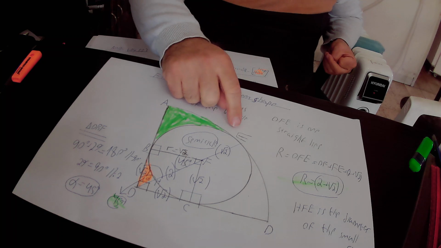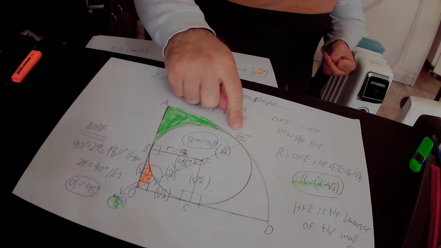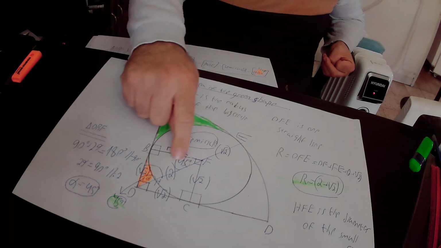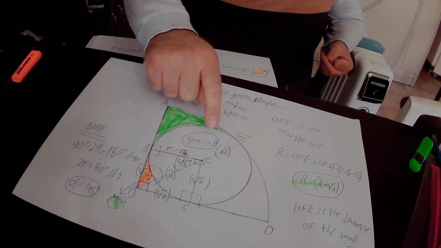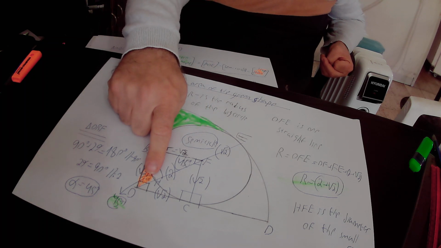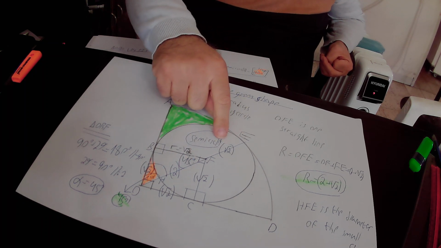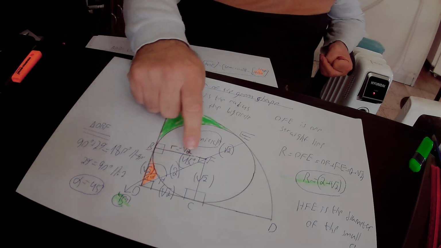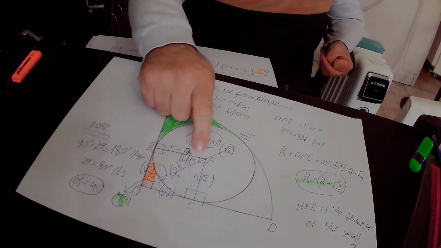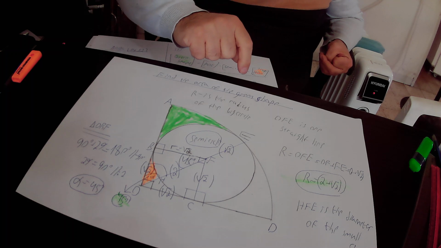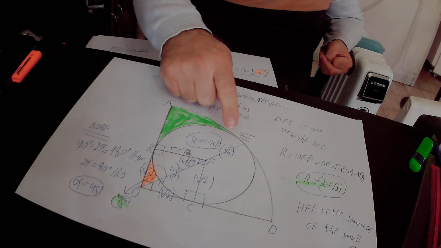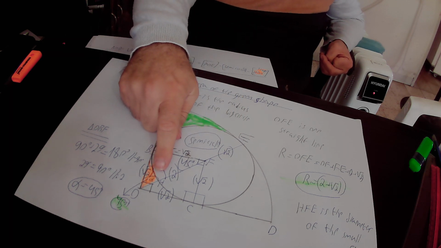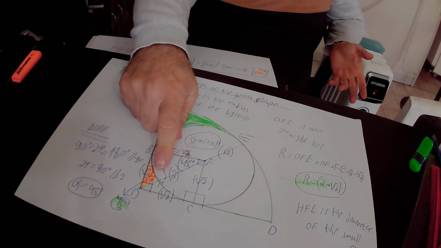Then we know that OFE is one straight line. If OFE is one straight line, it means that edge FE is also one straight line, because edge FE is part of OFE. It is one straight line that touches the small circle here at point E and here at point H. So any straight line that touches the circle at 2 points must be a chord.